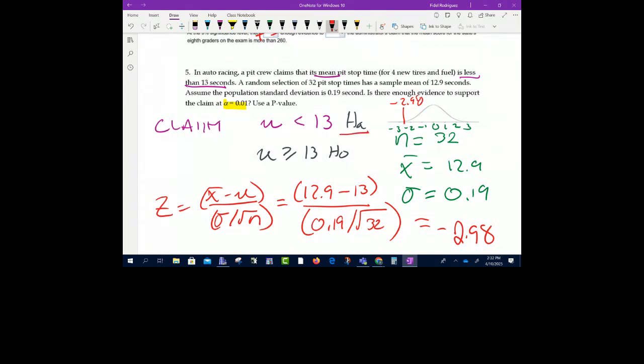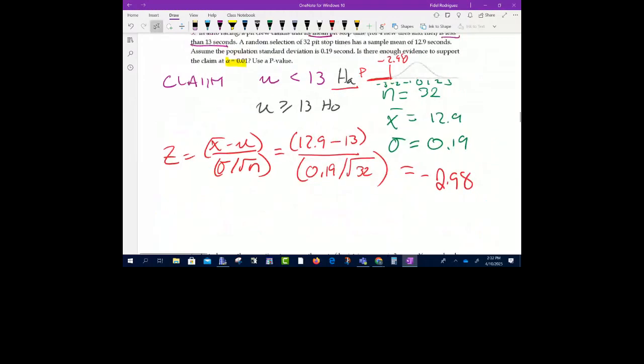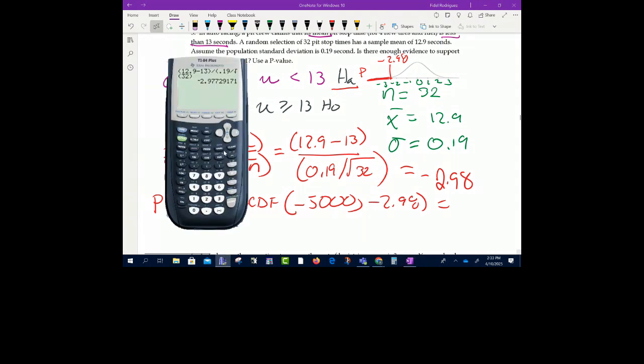We always have to look at the Ha. We're looking for the area to the left. So let's find that p-value. We're going to go with the normal CDF, from negative 5,000 all the way to negative 2.98, right? Let's do it.